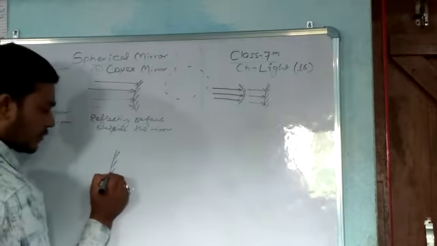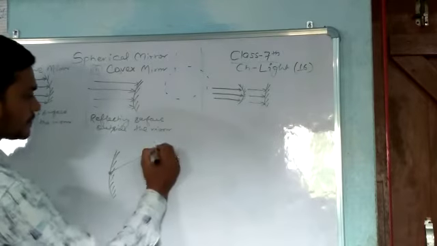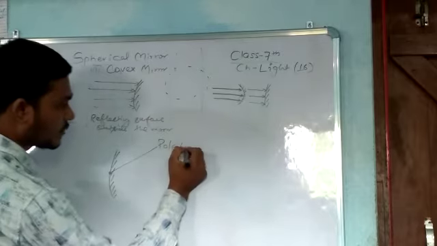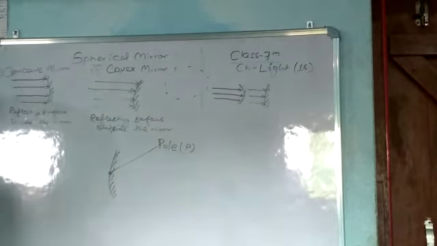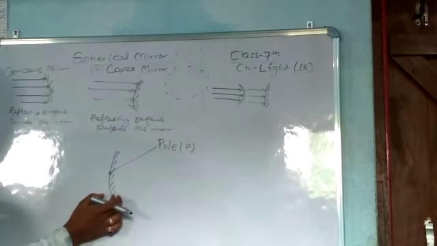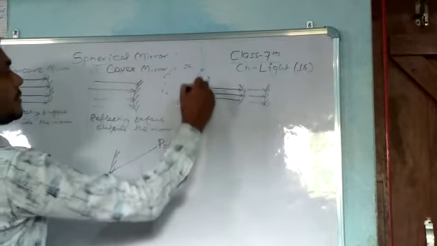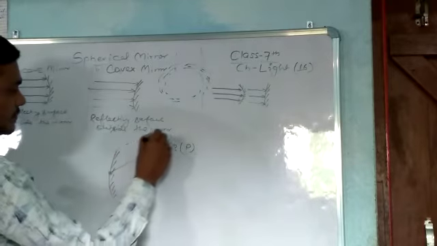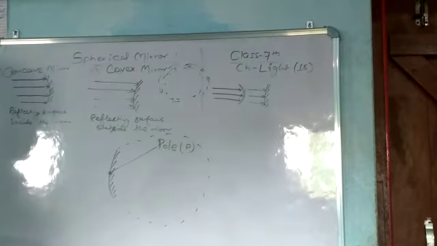And the center of the mirror is said to be the pole, which is denoted by capital P. Pole. The center of the mirror is the pole. Okay. We know that this is a part of a spherical mirror which comes from a whole spherical mirror. Okay. So this is formed by this one.